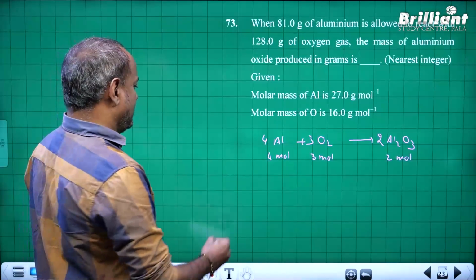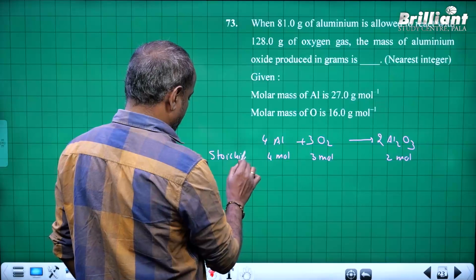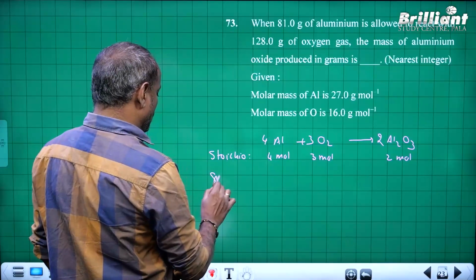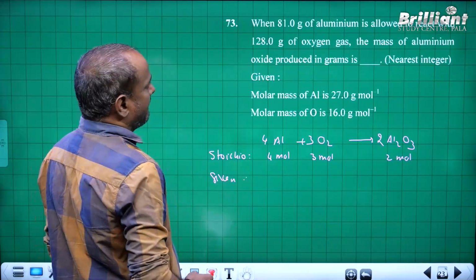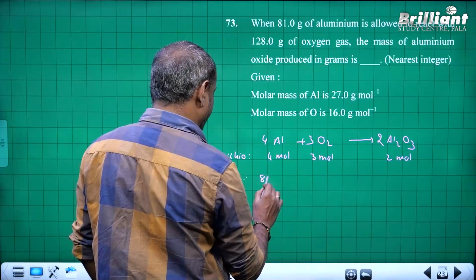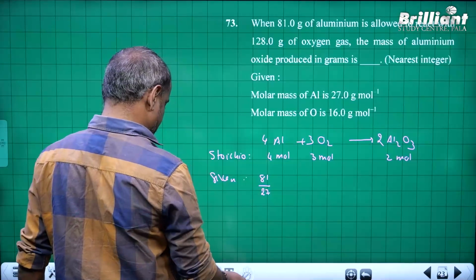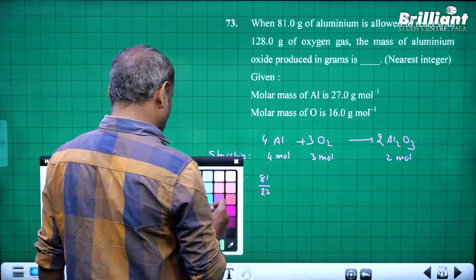This is stoichiometry. But the given moles are 81 gram by 27, 3 moles.